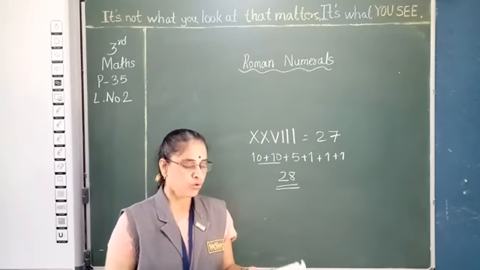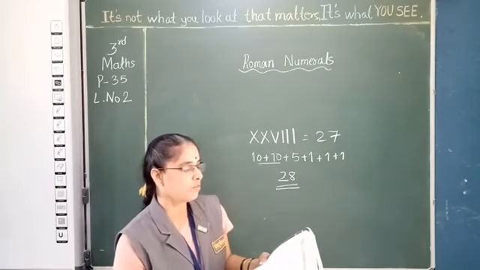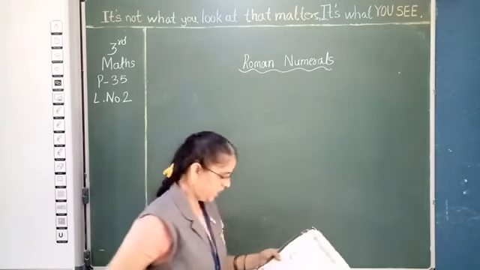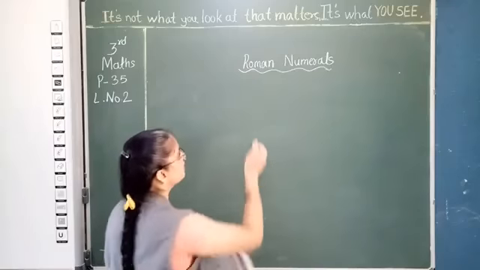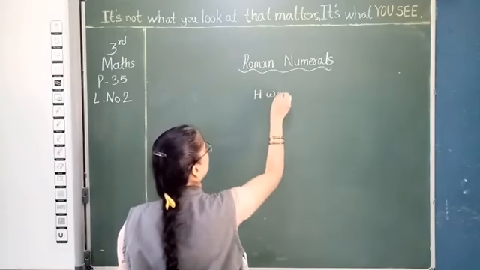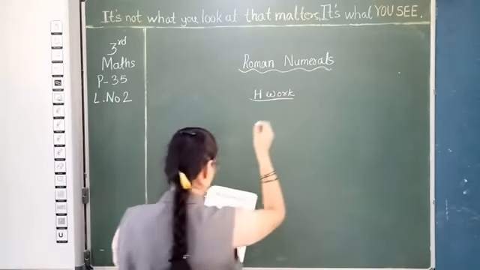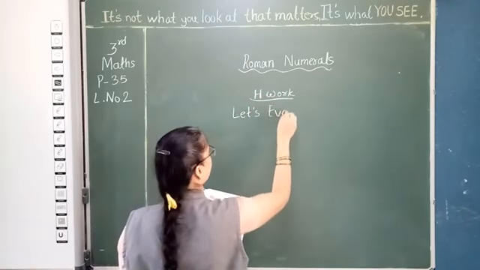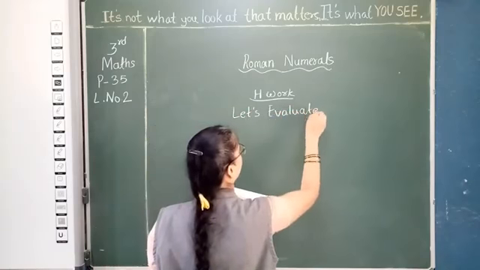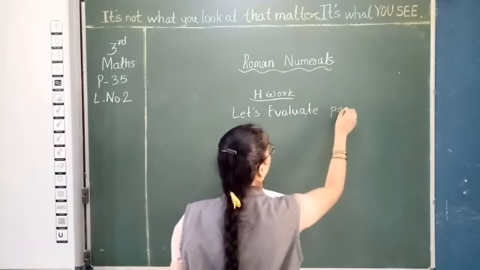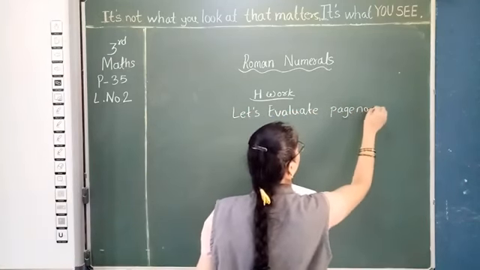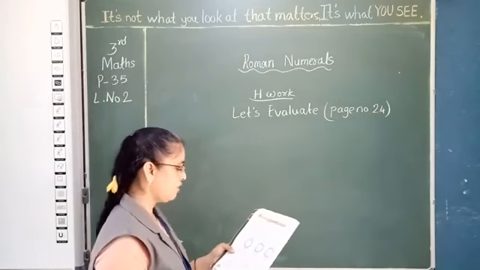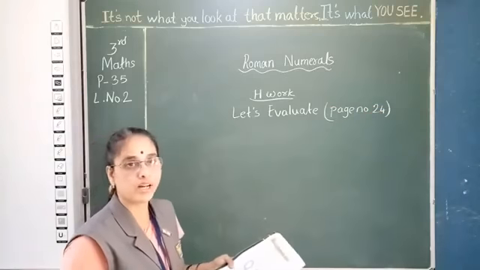Now, this is your homework from Let's Evaluate, which is given on page number 24. See that there are 5 questions in total, but you are not going to write all.